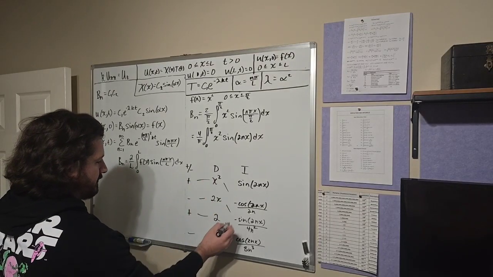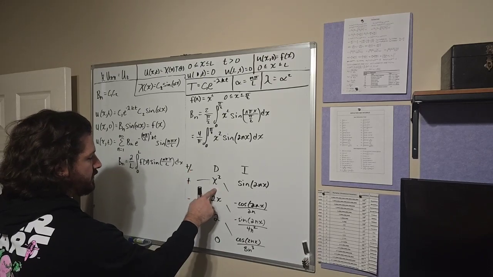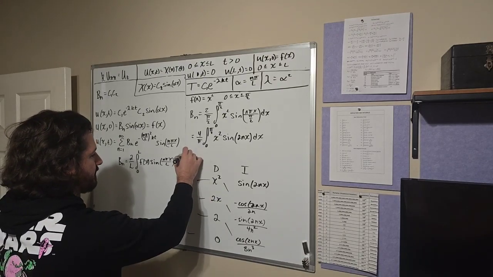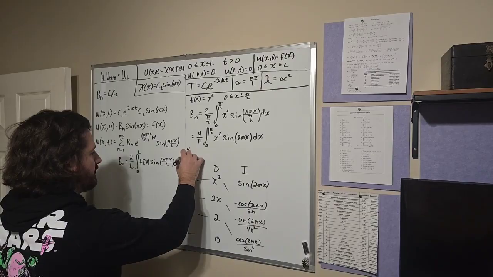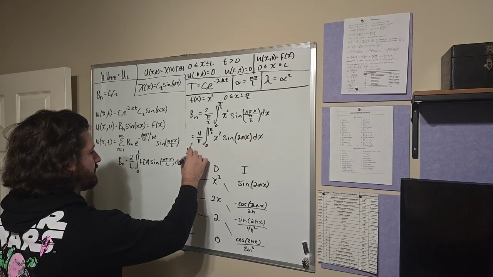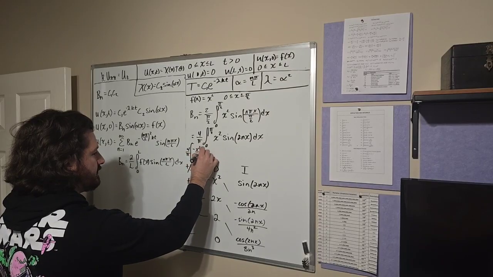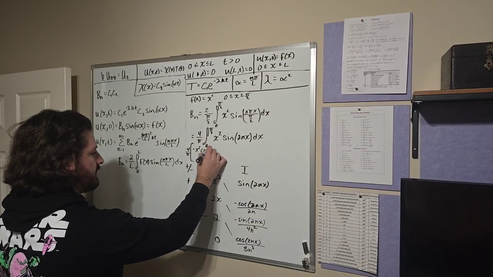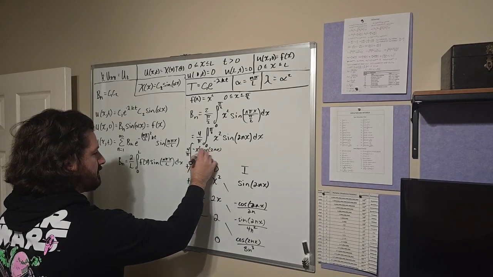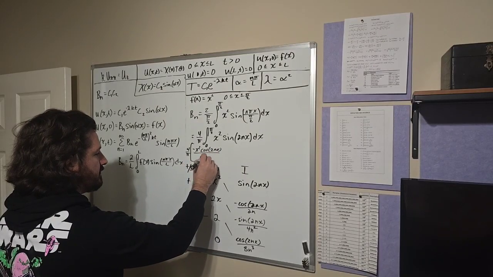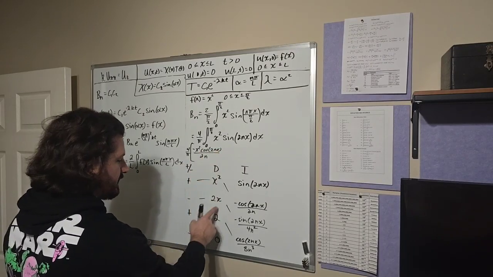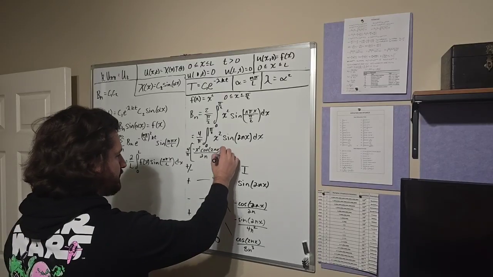Okay, so for our first one, we have a positive and a negative, so we're going to have 4 over pi, big parenthesis, times negative x squared cosine of 2nx over 2n. And then our next piece is going to be this negative and negative, so that's plus.